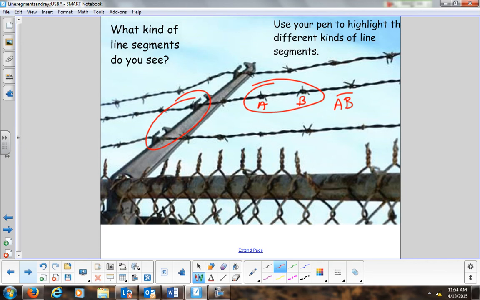Okay, good. So you can name this one point A. Does that keep on going? No, it doesn't keep on going because it stops right there on the wire. It stops on the top. So then you would have to use a point here and a point here. Does that make sense? So that would be AB. You can't go from this point right here to this point right here, because there's no line. Do you see that? That's on the fence.